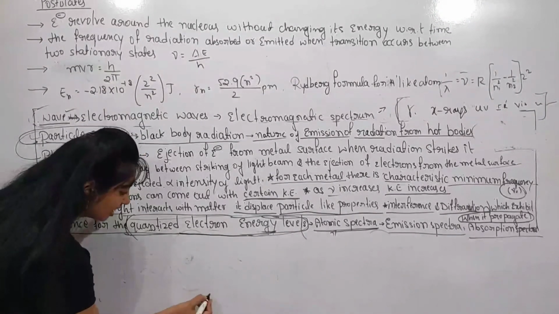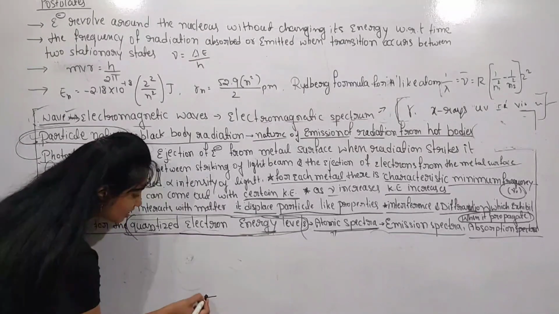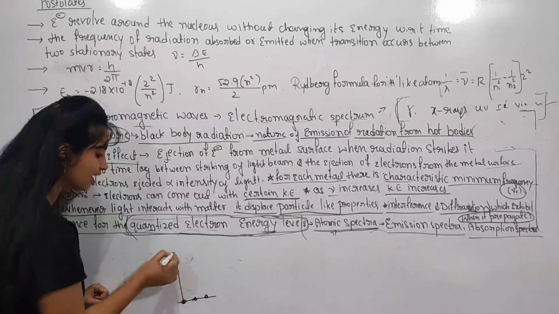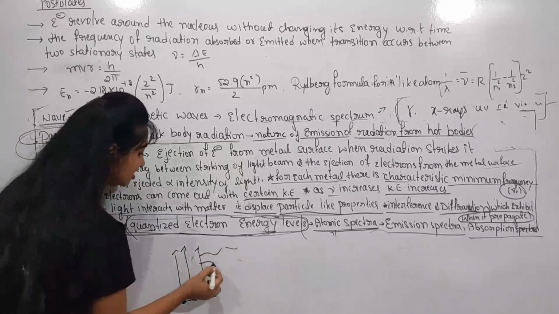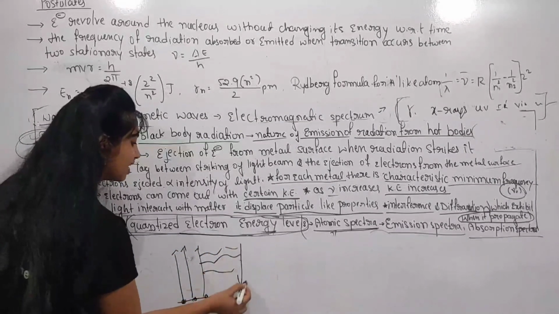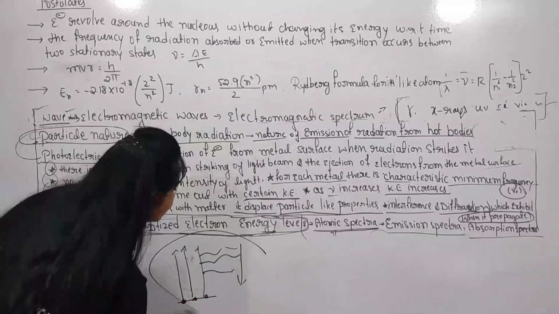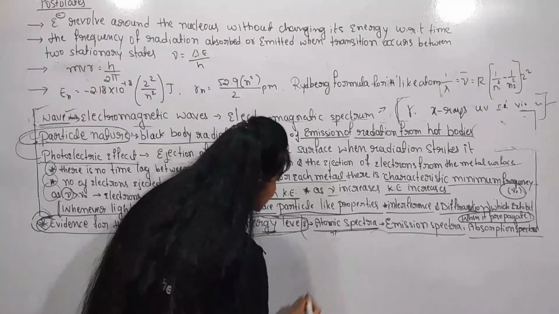Bohr thoroughly studied the hydrogen line emission spectra. When we apply external energy to these hydrogen atoms, the electrons absorb that energy and jump to higher energy levels, and again they emit radiation and come back to their original position. In this phenomenon we get a series of lines in a spectra.